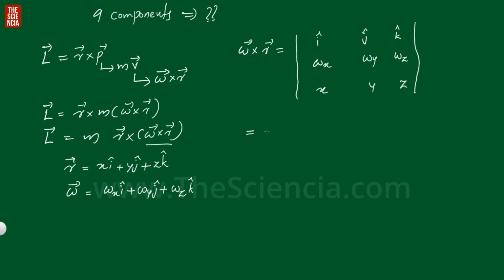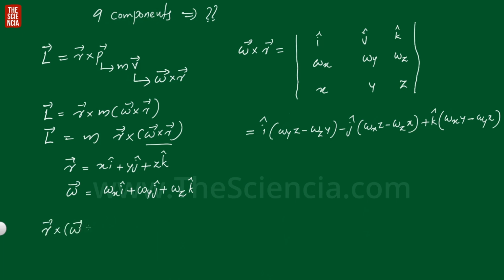This is equal to i cap (omega y z minus omega z y) minus j cap (omega x z minus omega z x) plus k cap (omega x y minus omega y x), right? So we got the omega cross r vector. Now we have to find out r cross omega cross r.